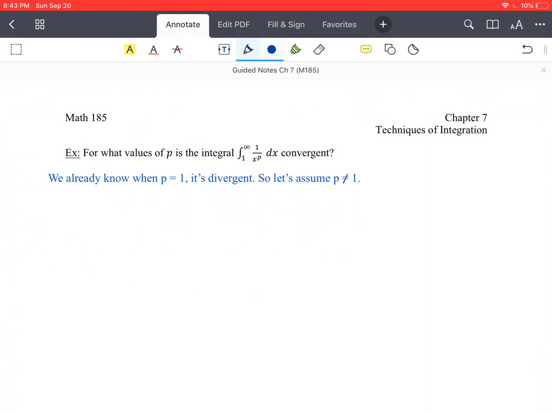So let's assume p is not equal to 1, and then let's play around with this integral.